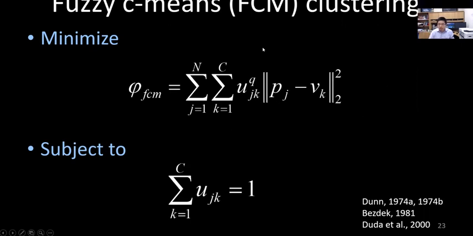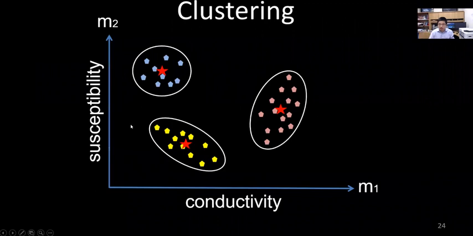Without going into details, it suffices to say that by minimizing this objective function, we will be able to achieve something like this. So this is our clustering result. If you apply fuzzy c-means clustering, you will be able to get this nicely clustered result.